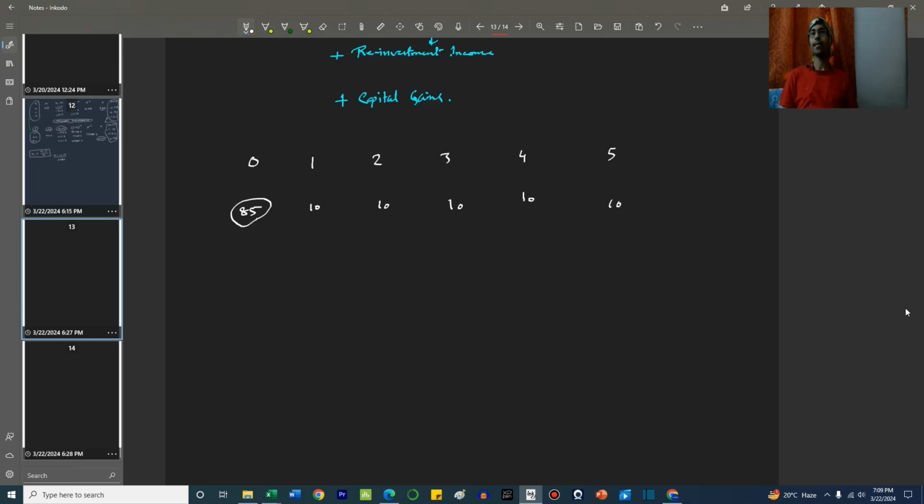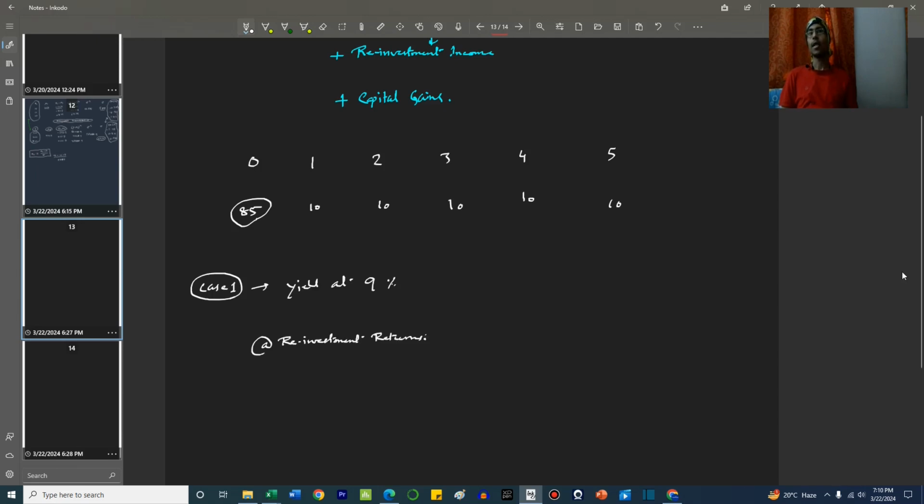Now in the first case, case 1, we take the yield at 9%. Based on this, we will try to understand the return of an investor who holds this bond till maturity. Now let's first calculate the reinvestment returns.